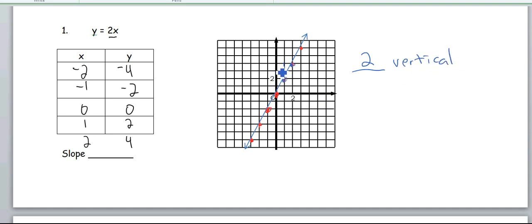And then I'm going to go over 1. Notice how I'm staying right on these lines, and these two meet at a corner. I go over 1 to the right, so that's my horizontal. So 2 over 1 is 2, so my slope is 2. It goes up from left to right, so it's positive. So if I start on the left and I move to the right, it's going up.